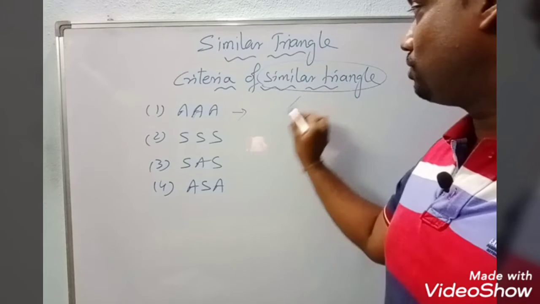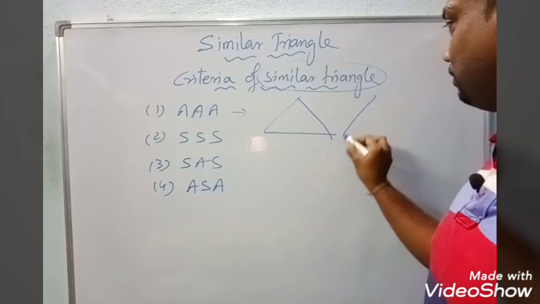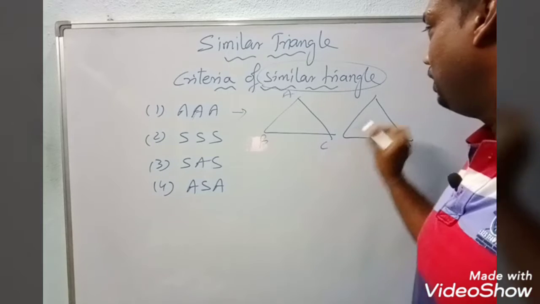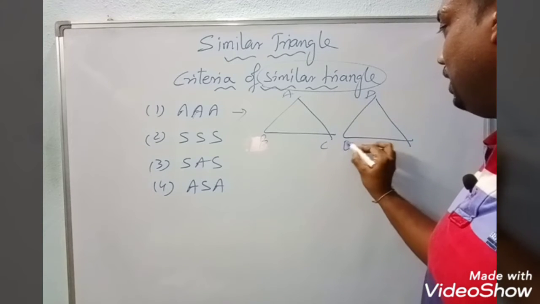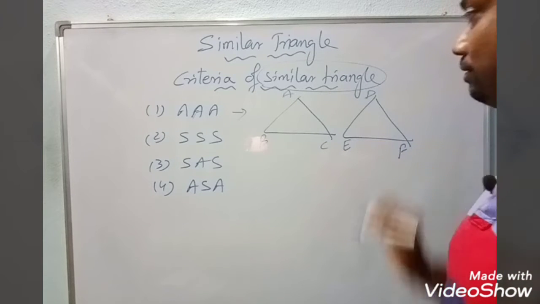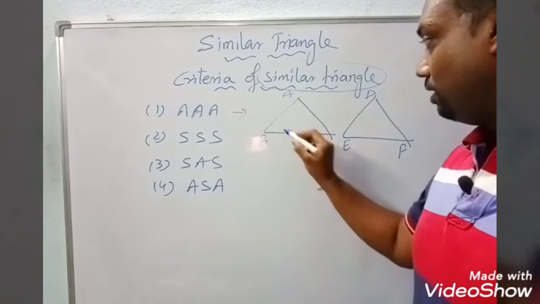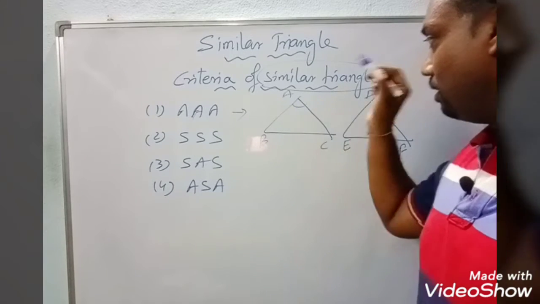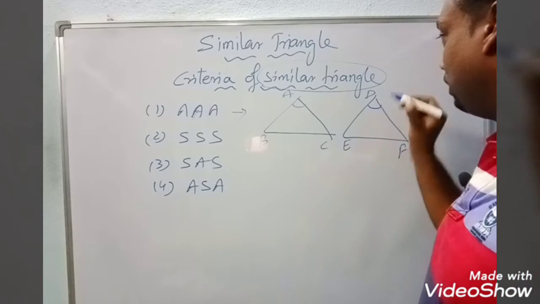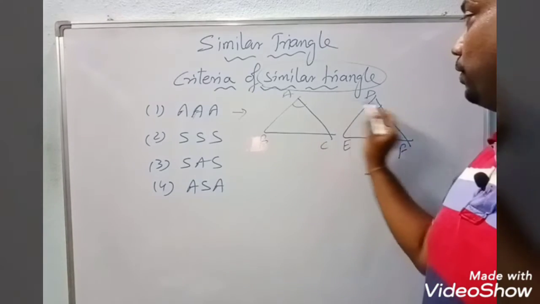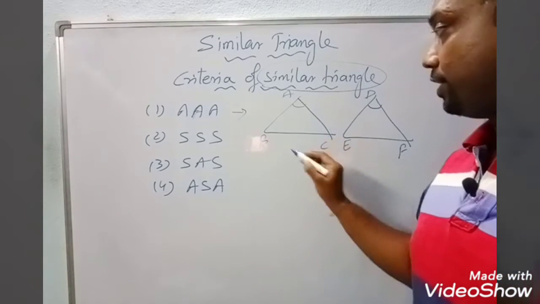If you take two triangles, ABC and here I name this as DEF. Now as per the angle property, the angles of one triangle are equal to the corresponding angles of the other triangle.